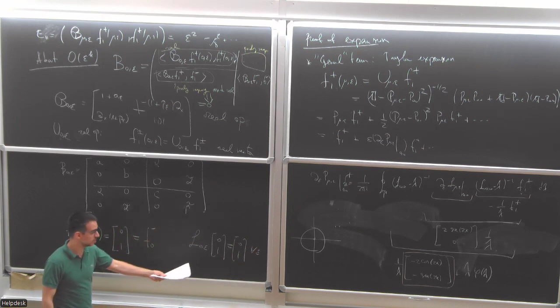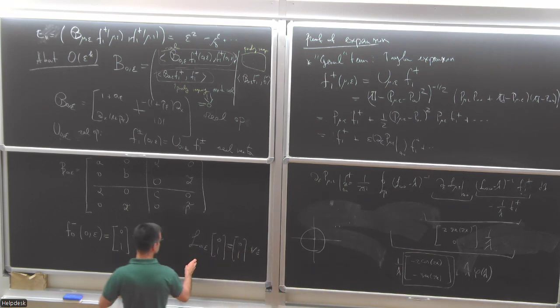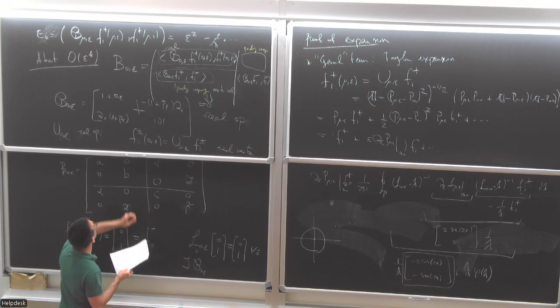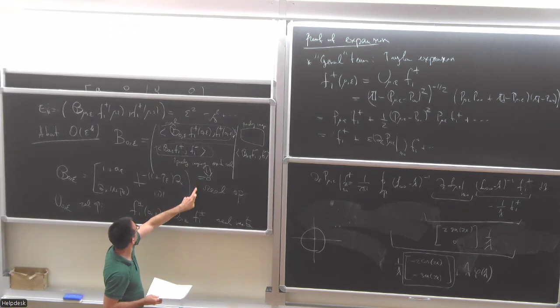You see immediately here, no? What is L0 epsilon? It is J B0 epsilon: take B0 epsilon and apply the vector 0, 1.